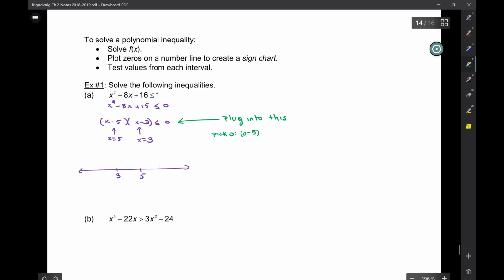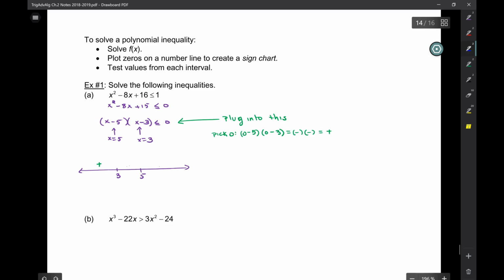I get 0 minus 5, 0 minus 3. Now from here, 0 minus 5, I get a negative number. From here, I get another negative number. The value itself isn't really important, it's the sign. Negative times negative makes positive, so here I get a positive number.